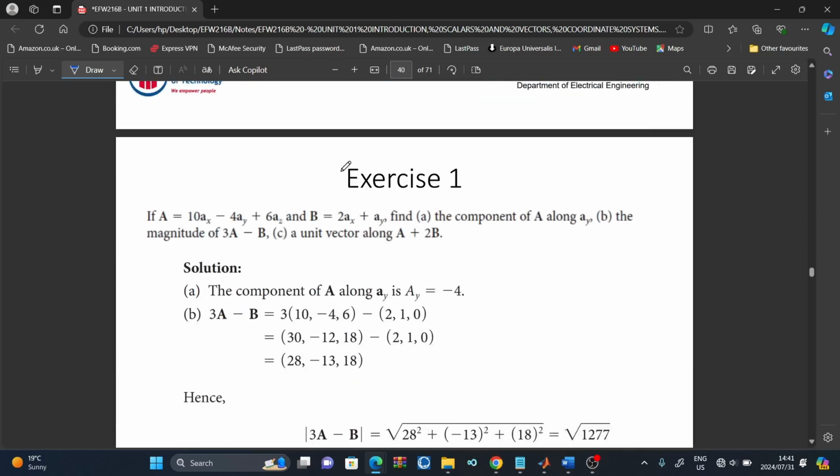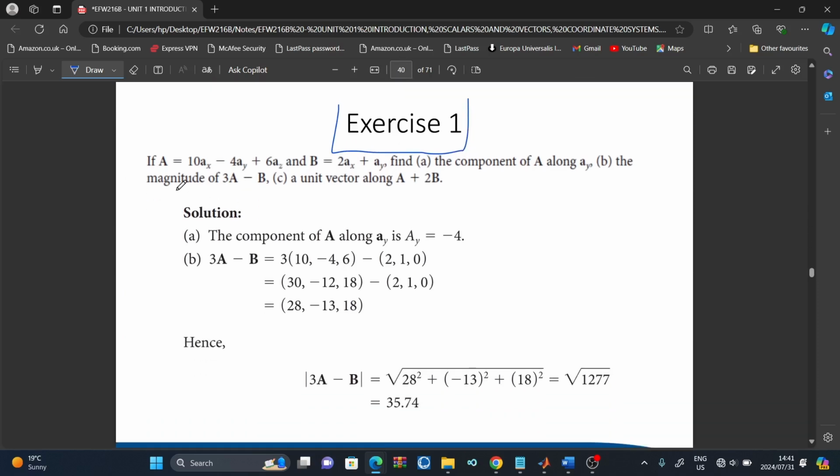Then exercise one is just matrix calculations. You're given a vector A and B. To convert into a matrix, it's quite simple. A equals your x component is 10, your y component is -4, and your z component is 6.